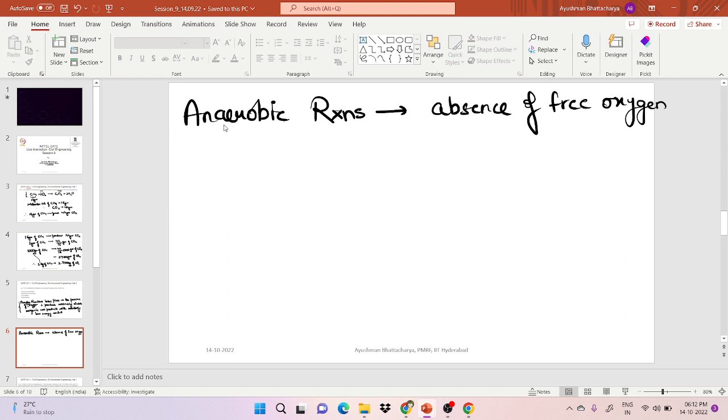Now we will know what are autotrophs. Oh, before autotrophs, I should explain the aerobic bacteria and anaerobic bacteria.